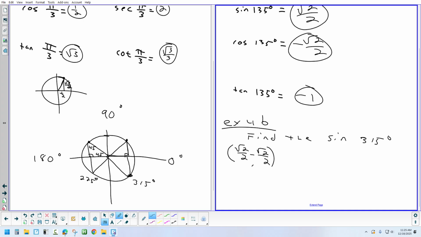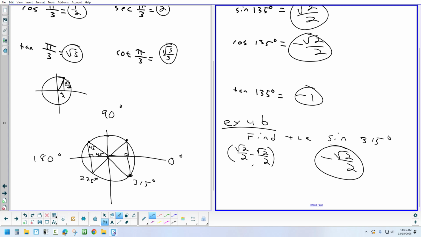That's how it'll be on the test. What's the sine of 315? Negative square root 2 over 2. Okay, so that's how you work with 45-degree angles in the other quadrants.